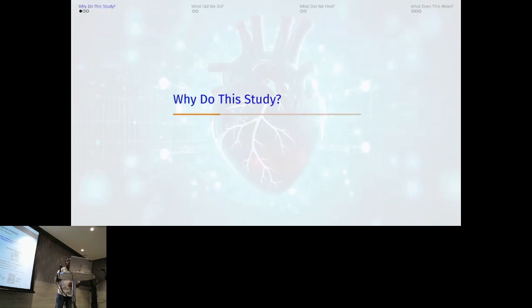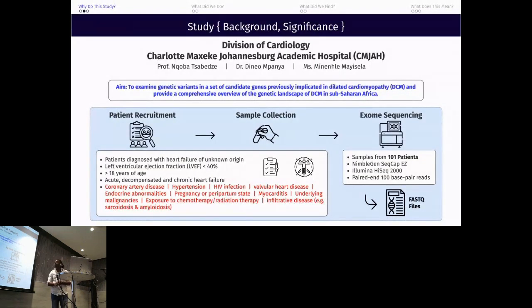So this is the work. I was approached by a group from Charlotte Maxeke Hospital, the division of cardiology, where they had identified patients who had a serious case of dilated cardiomyopathy. So what they did is they recruited a number of patients where they looked at the left ventricle ejection fraction of less than 40%.